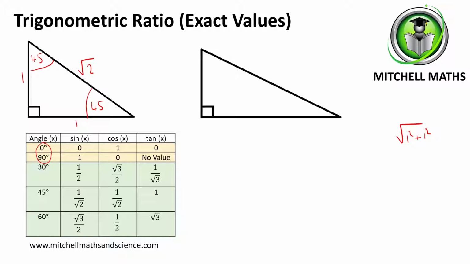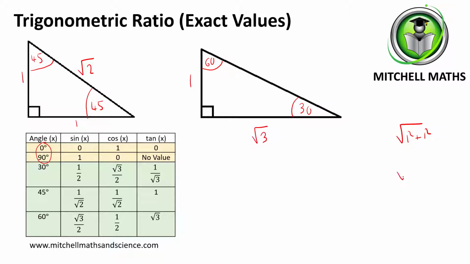In our other triangle, we're going to use the values of 60 degrees and 30 degrees. So that'll be our 60, and we'll have our 30 degrees here. The 30 degrees is always on the longer side. And the two values are 1 and root 3.